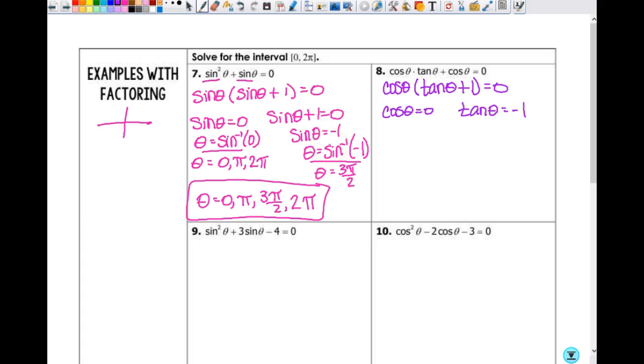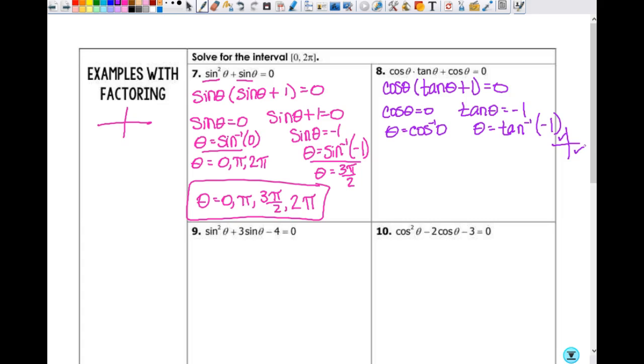So theta is equal to the cosine inverse of 0, and theta is equal to the tangent inverse of negative 1. So again, the whole circle is what we're looking for. Cosine inverse of 0 is going to be a quadrantal, so I'm not so worried about those quadrants, but this one is not. So the quadrants where tangent is negative is going to be the second and the fourth.